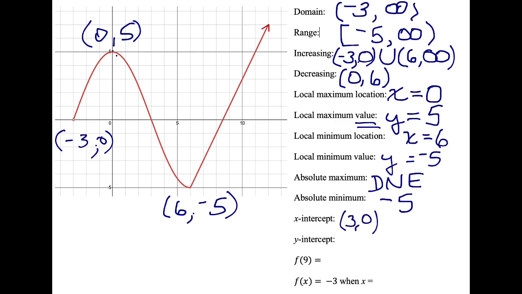This particular function has another place where the graph crosses the x-axis, so we'll put that on the list also. Y is 0, x is somewhere, that's 5, 6, 7, 8. So it's more than 8, less than 9. I'm not going to buy that that's 8, and I'm not going to buy that it's 9. It's somewhere in between.